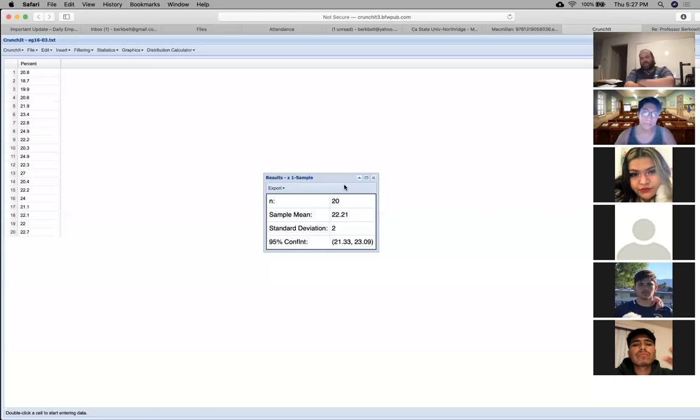Now, that's the common understanding of what a confidence interval is. But in reality, it means this. If you take lots and lots of confidence intervals of size 20, 95% of them are going to contain the true value.